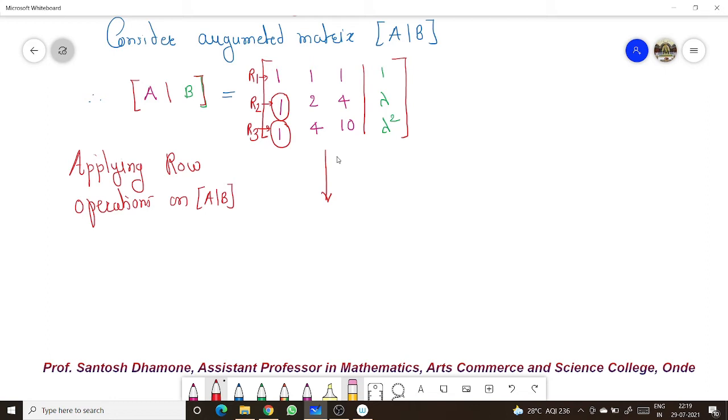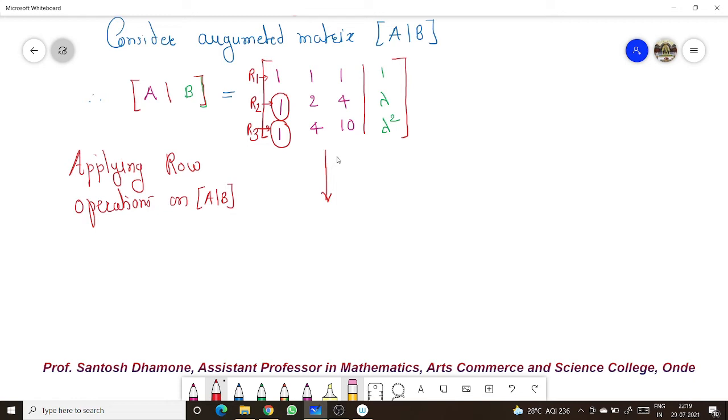For this entry we take lambda square minus 1 minus 3 into lambda minus 1. This implies lambda minus 1 into lambda plus 1 minus 3 lambda minus 1.